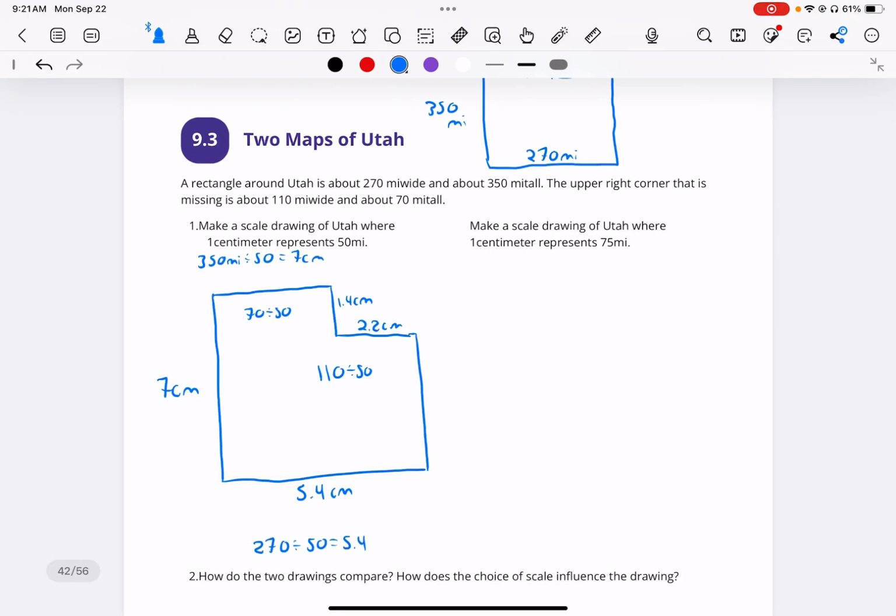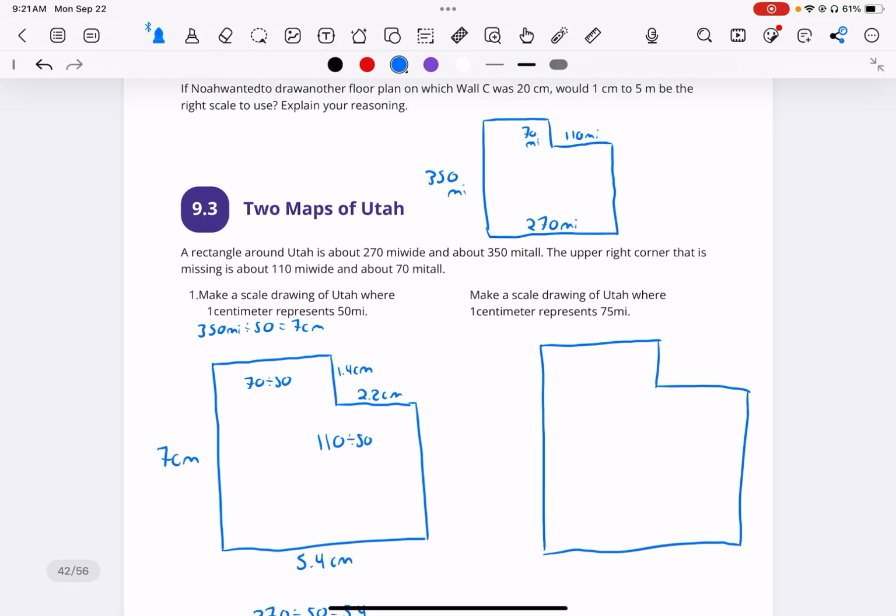Now, if I wanted to create a similar scale drawing, but with a different scale of 1 centimeter equals 75 miles, we would just divide each number by 75. So 350 divided by 75 would be 4.6 repeating centimeters. 270 divided by 75 would be 3.6 centimeters. 110 divided by 75 would be 1.46 repeating centimeters.